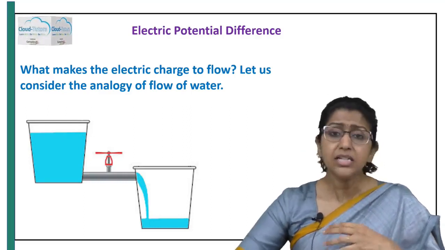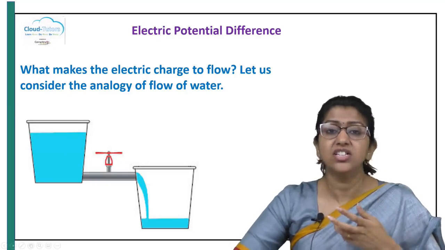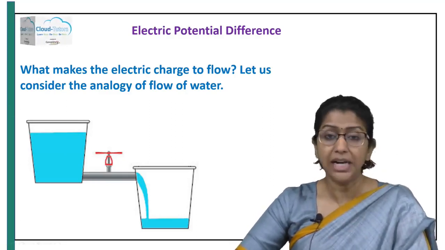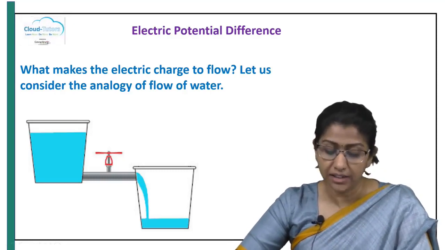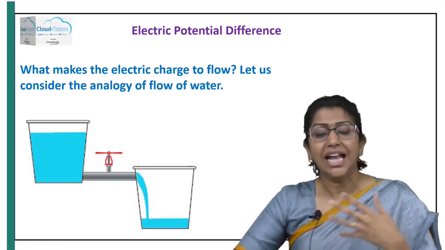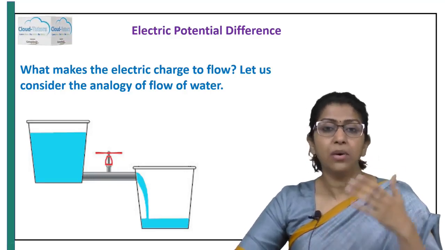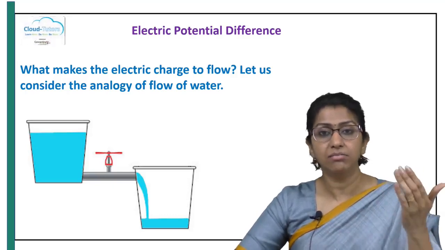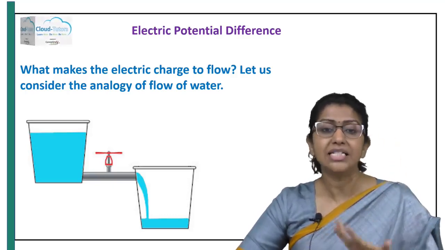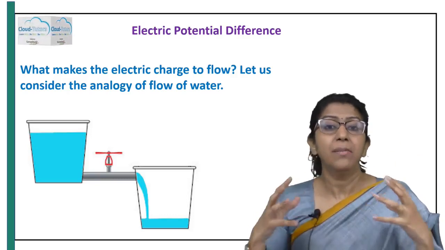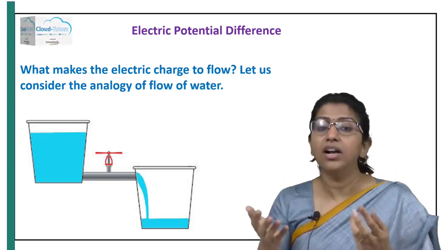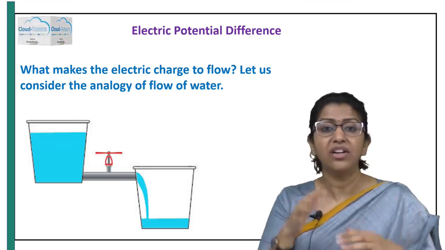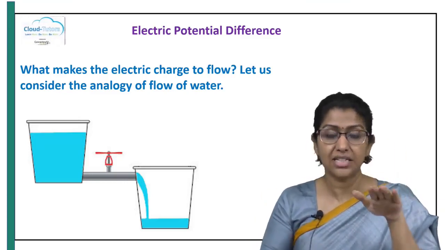Okay. So what makes electric charges flow? It is basically the potential difference across the conductor. All right. The analogy of water flowing from a higher level to a lower level tells you that none of the particles, be it water or electric charges, will flow if there is no difference in the levels. Correct?